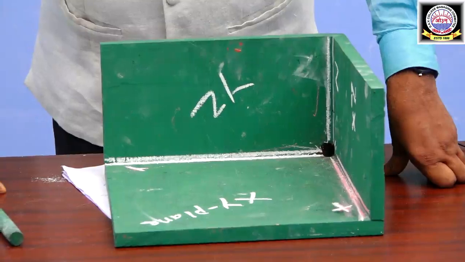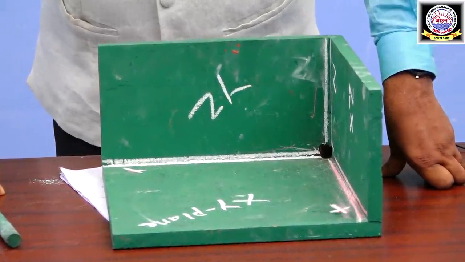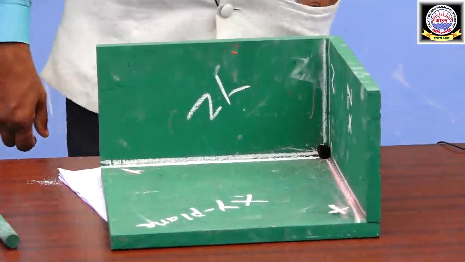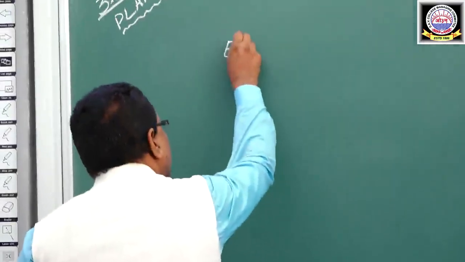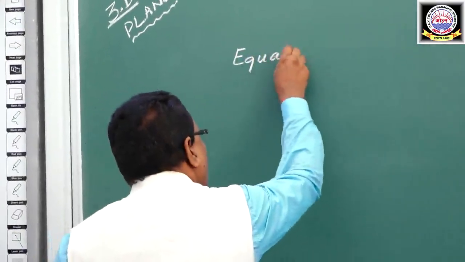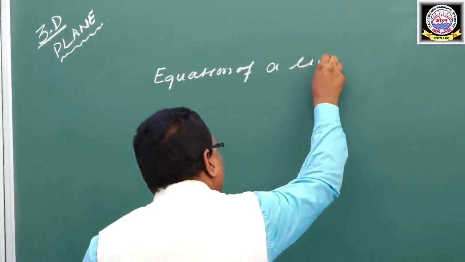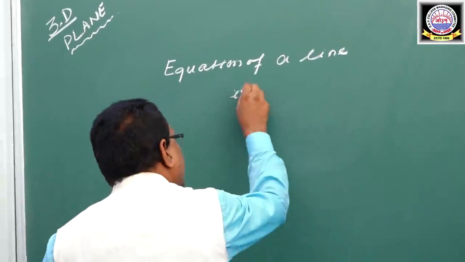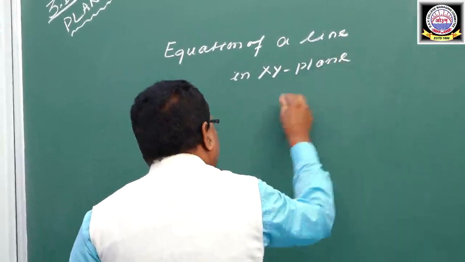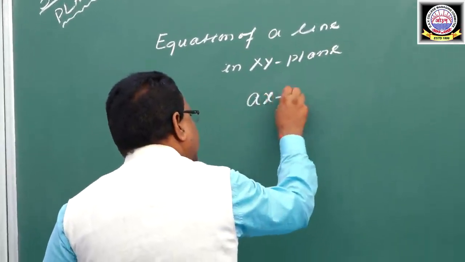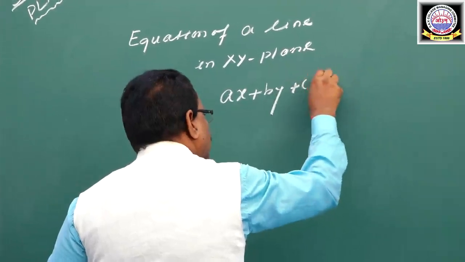The standard equation of a line in the xy plane will be ax plus by plus c is equal to 0, where c is any constant.